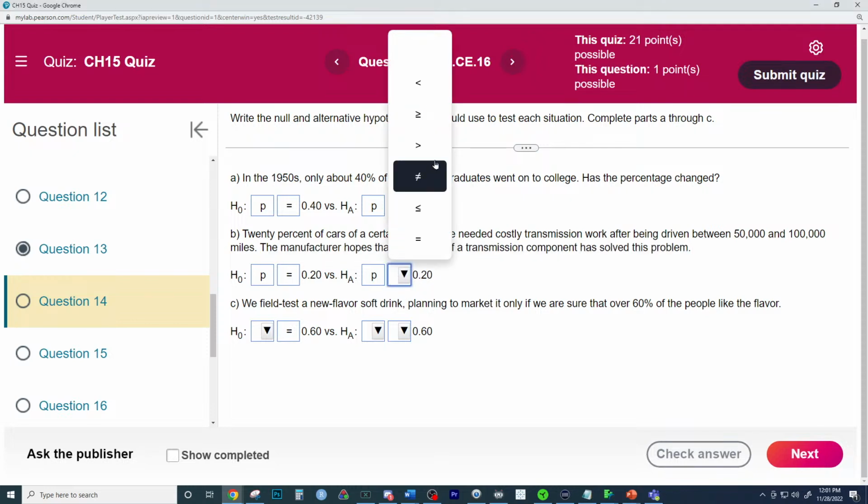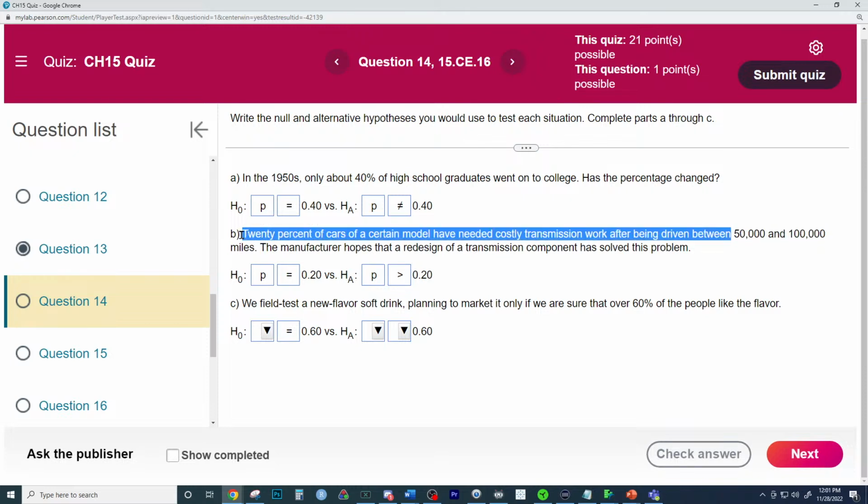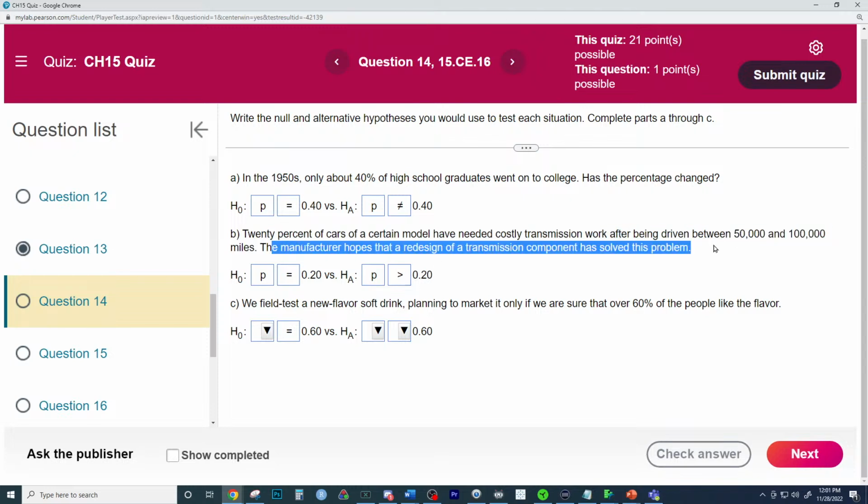Well, if it's greater than, this would say the proportion of cars that need costly transmission work is greater than 20%. So if it's increased, remember 20% is the current state of where it's at. So if they haven't done anything, it would stay the same. And so the alternative that they're trying to show is that they're fixing the problem, and so the proportion of cars that need costly transmission work has decreased.